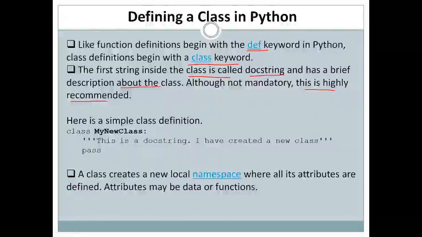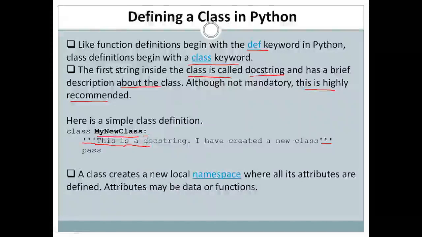Now let us look at a simple class definition, how a class is defined in Python. So we have class, the name of the class, and a colon at the end, remember. Then inside the class, in triple quotation marks, we have defined a docstring.